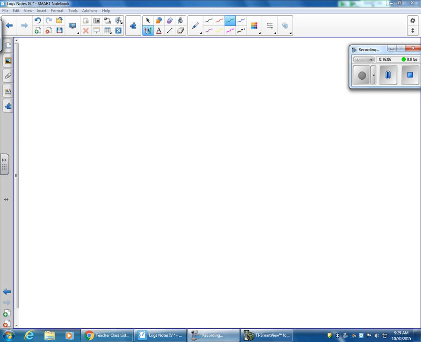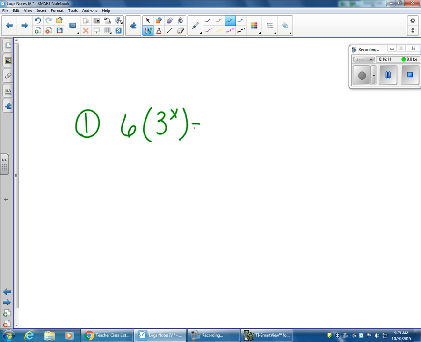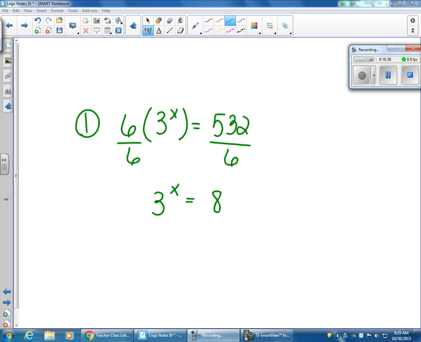Now we're looking at the exit ticket problems. And the first problem is 6 times 3 to the x equals 532. So the first step on this is to divide by 6. Here you can just leave this as 532 divided by 6.